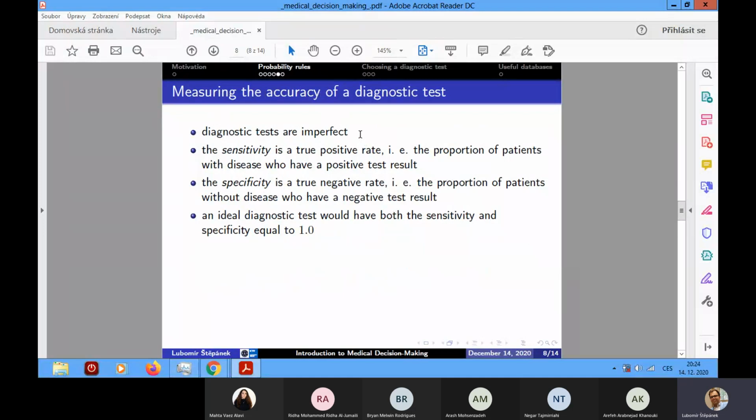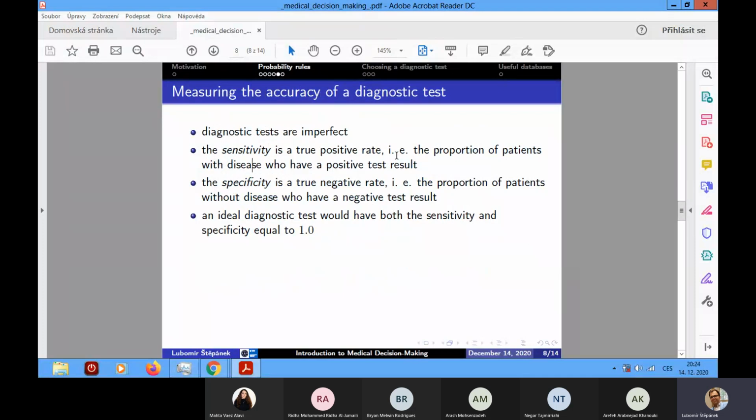Or we could have patients with the disease who have negative tests, and in such a case the results are falsely negative. So both kinds of errors could happen, and to quantify and describe the problems connected to diagnostic tests, we use two terms: sensitivity and specificity.